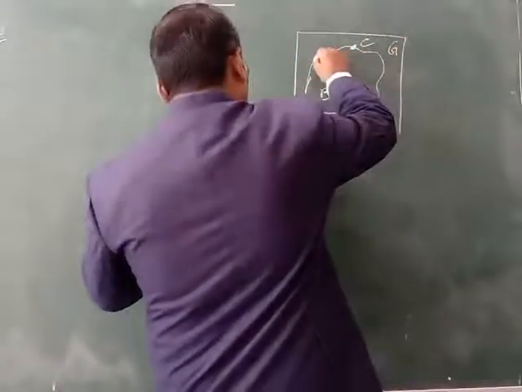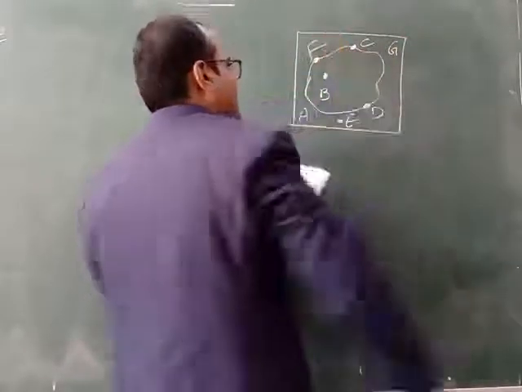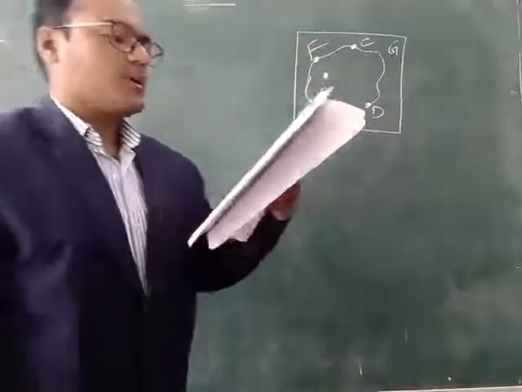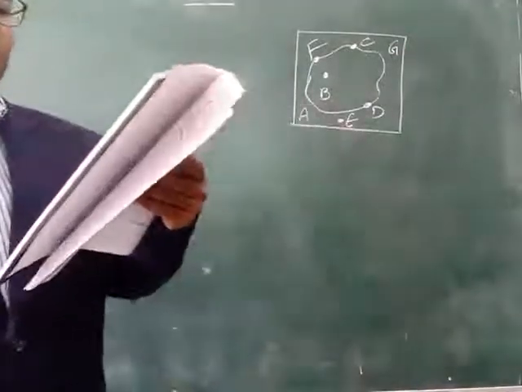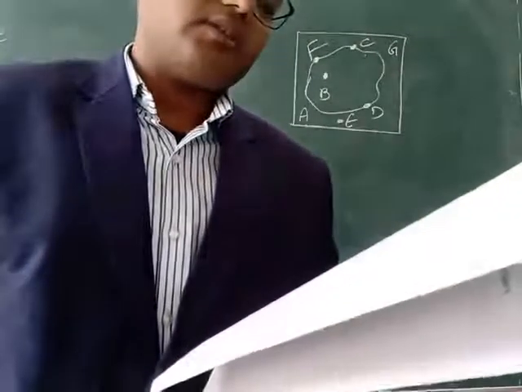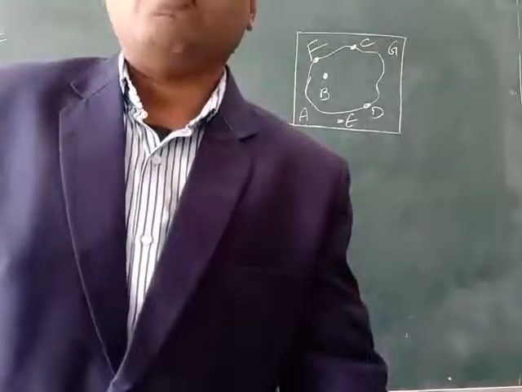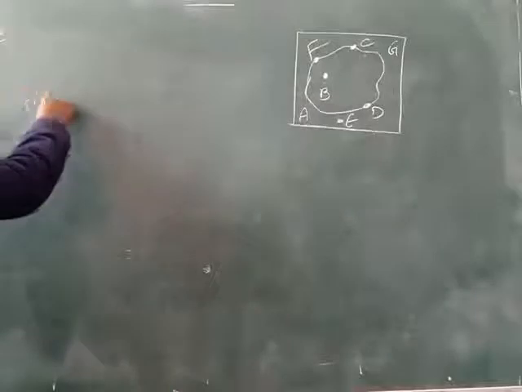On the figure here it is F. This is the figure given. In the adjoining figure we have to write the points in the interior, which are the interior points. So the first part is to write the interior points.